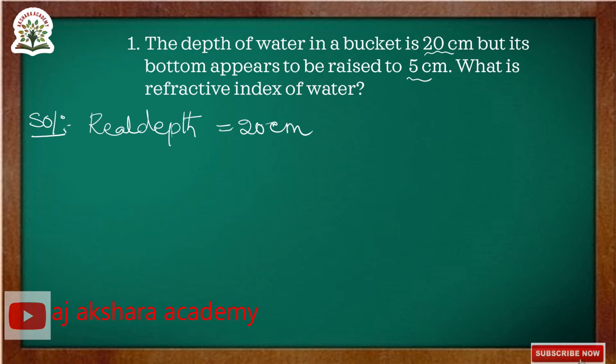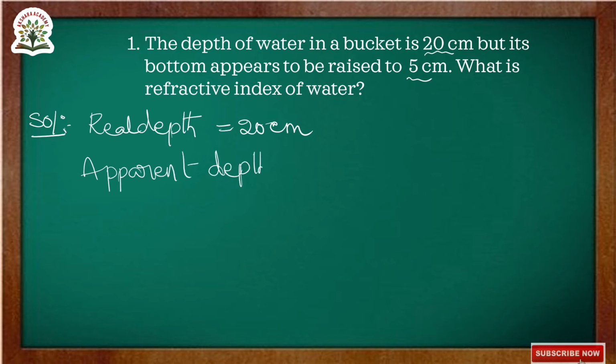How much is it raised? 5 centimeters. So the apparent depth is 20 minus 5, 15 centimeters.